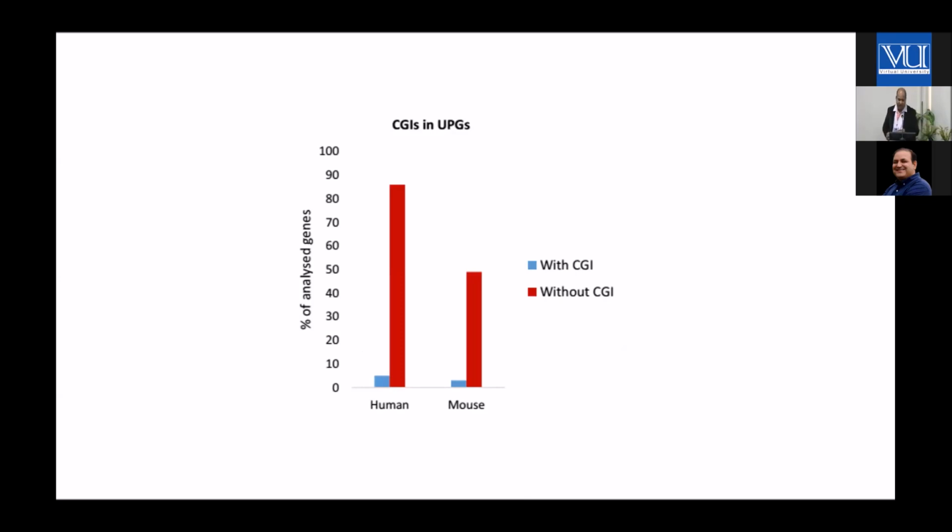Then we compared the CpGs present in human UPGs and mouse UPGs, and you can see here that, amazingly, very strikingly, the genes which lack CpG islands are much more frequent as compared to genes which have CGIs. Fine. So the UPGs significantly lack CGIs in their promoters. Fine.